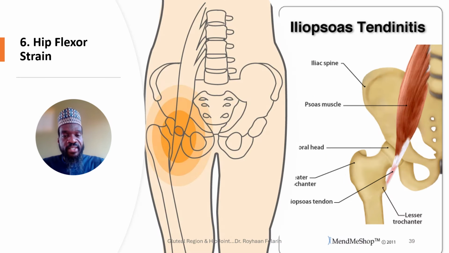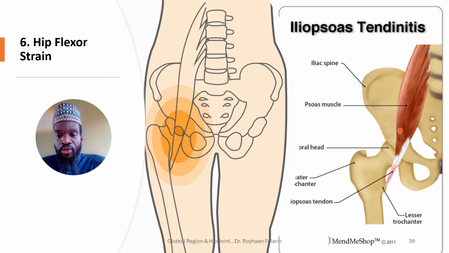Another clinical relevance is the hip flexor strain, which is usually resulting from tendinitis. That's inflammation of the joint tendon of the iliacus and psoas major.